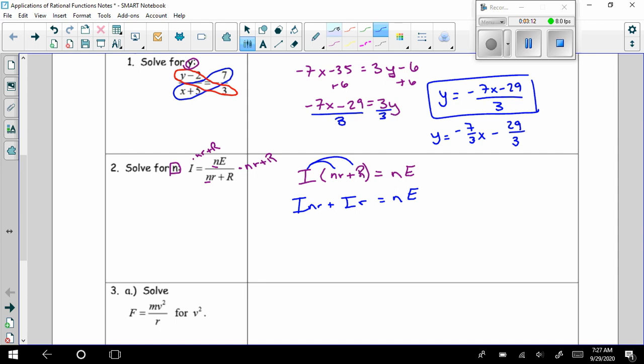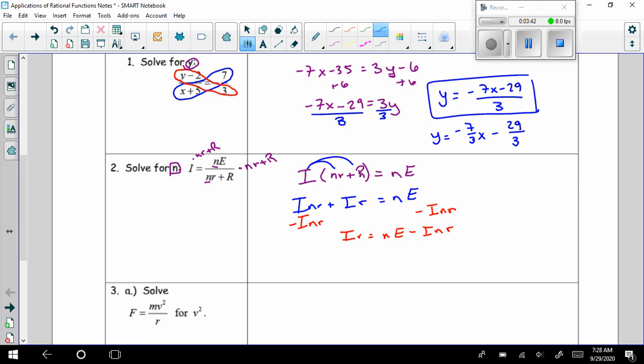And then again, going back to that problem that we've done before in Unit 1, we're going to get all of those variables that we want to solve for on the same side. So I'm going to subtract I and R. You could also subtract IR and NE. It's really up to you. So I have IR is equal to NE minus INR.